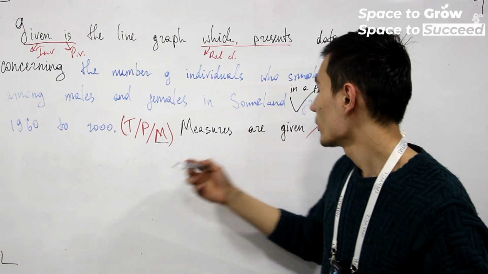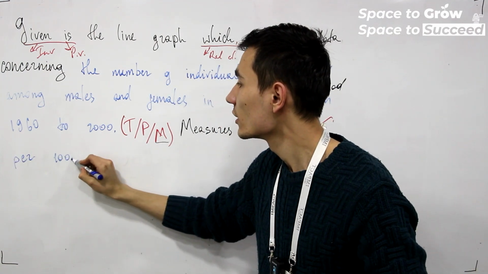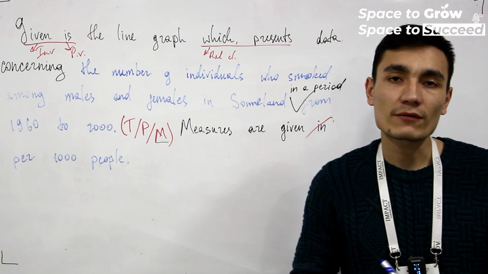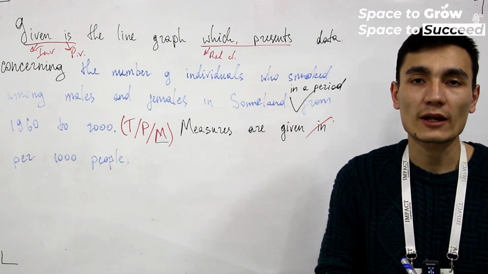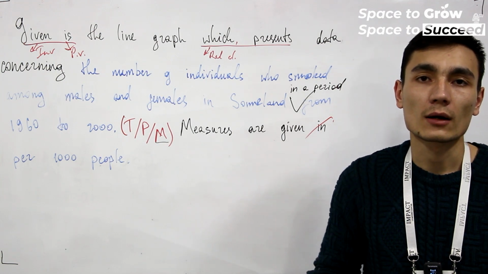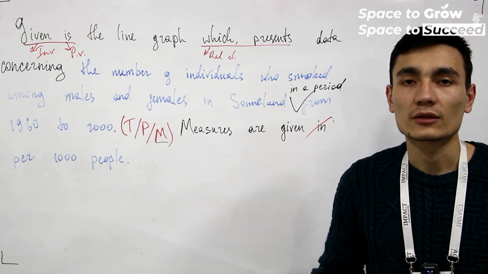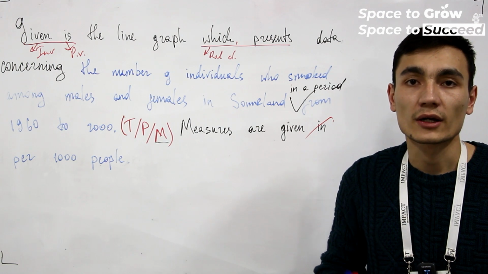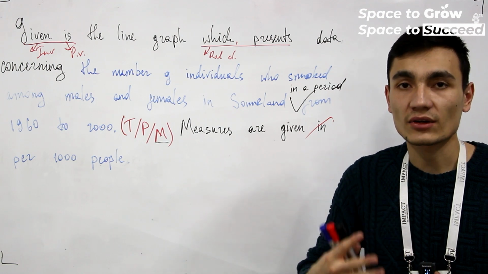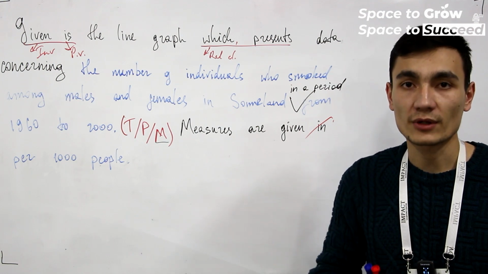So we say measures are given per 1,000 people. It means whenever we are giving numbers, whatever number we say, for example 100, it may be 300 or 700, it means 700 people per 1,000 people.